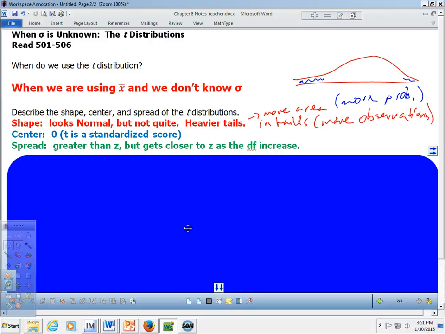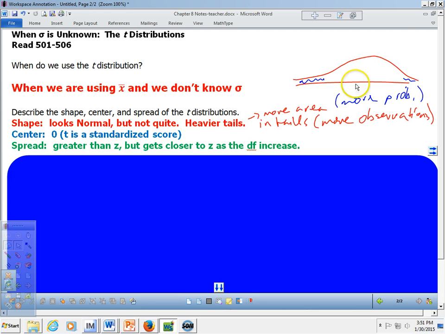The spread is going to be bigger than z. Like I said, since there's more area out here in these tails, it's still a density curve. We're still representing it with a density curve, and we know that the complete area under this curve has to be 100% or 1. So if there's more area in the tails, that means there's less area in the middle. And so the t curve won't come up quite as high as the normal curve will.